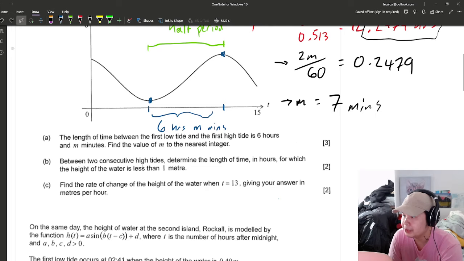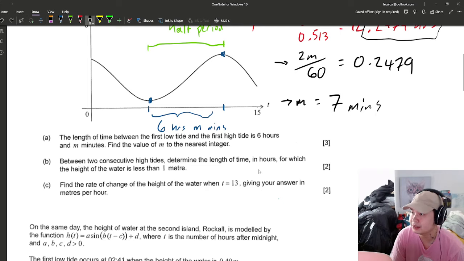Okay. Between two consecutive high tides, determine the length of time in hours for which the height of the water is less than 1 meter. So you have a high between two consecutive high tides. We want to find out how long the water is under 1 meter. Let's say that this is where 1 meter of height is.